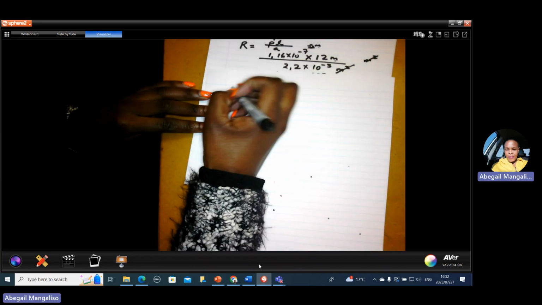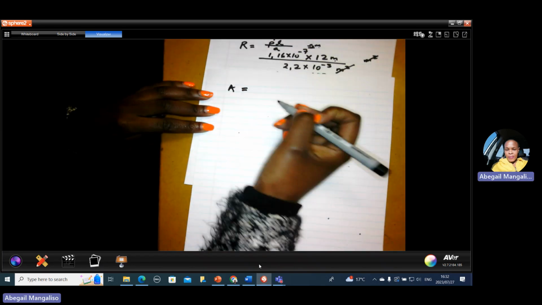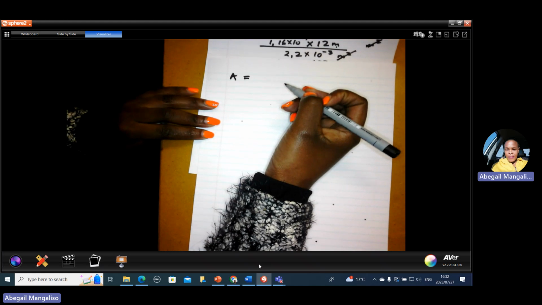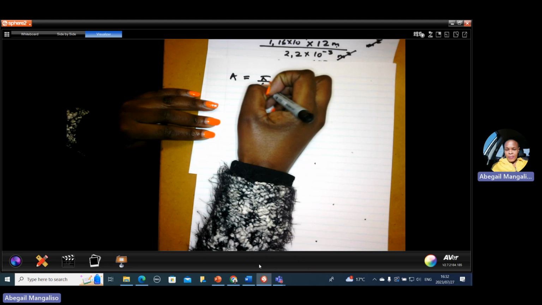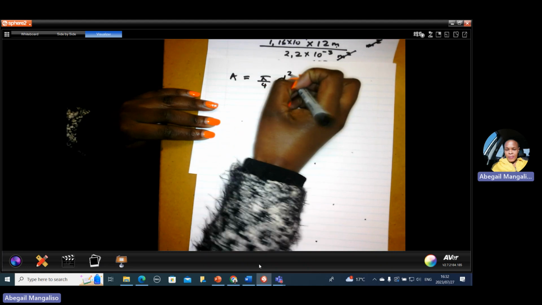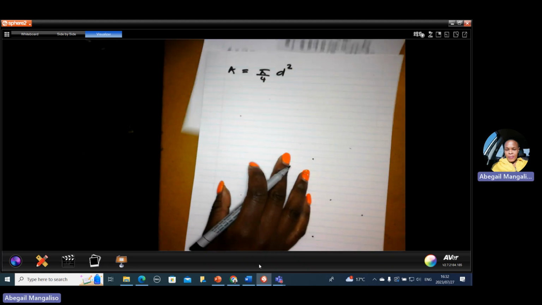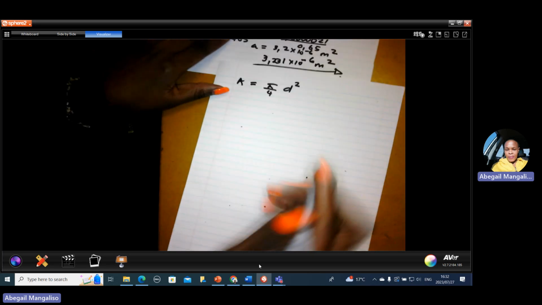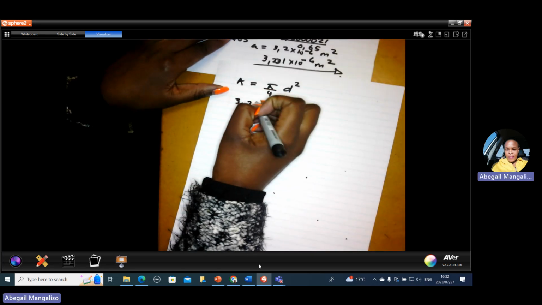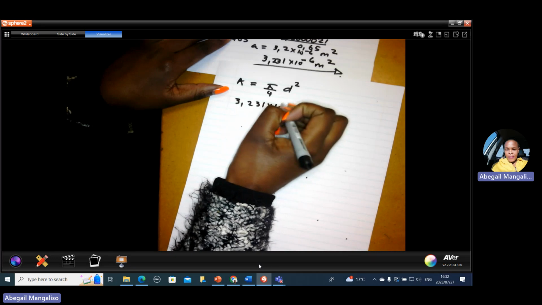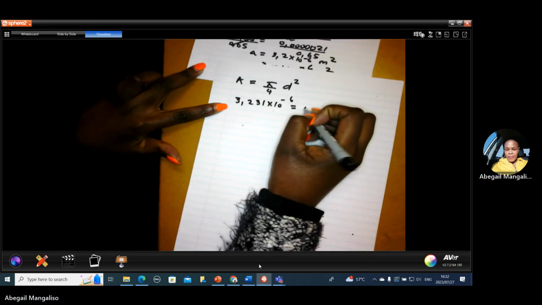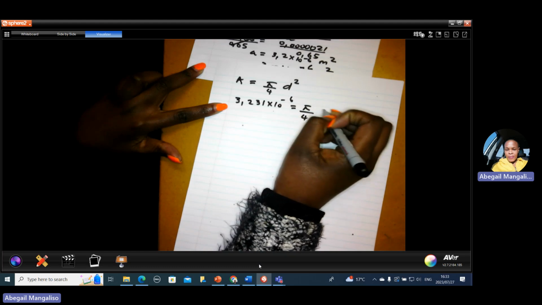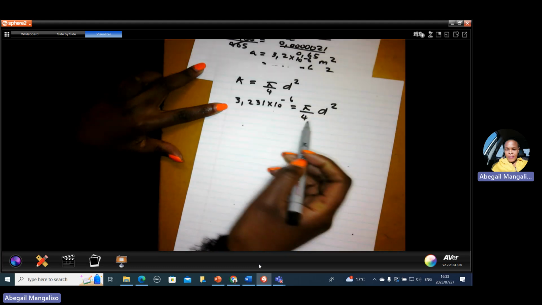The formula to calculate an area that is circular or round in shape or a cylinder is pi over 4 d squared. So the area we calculated, 3.231 times 10 to the power negative 6, equals pi divided by 4 multiplied by d squared.